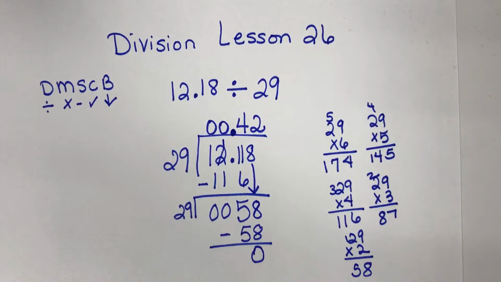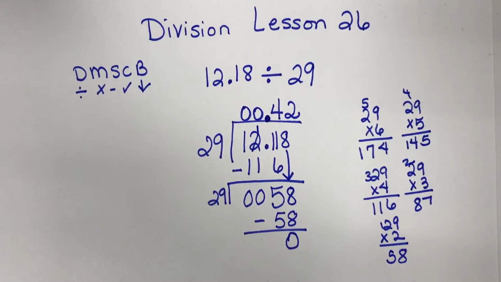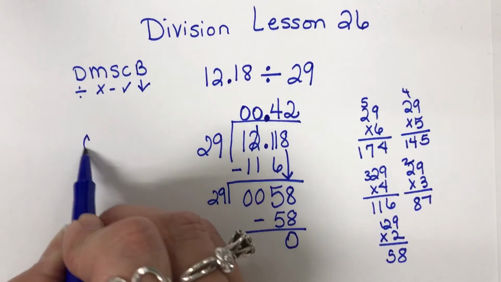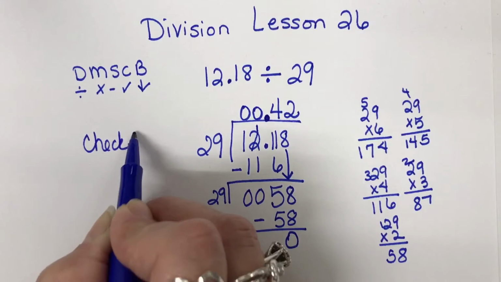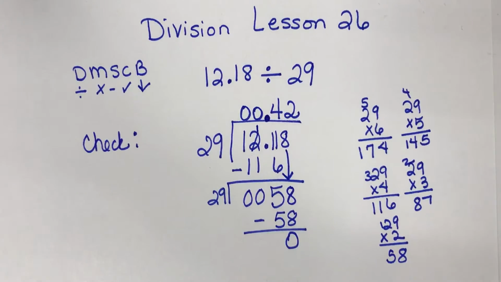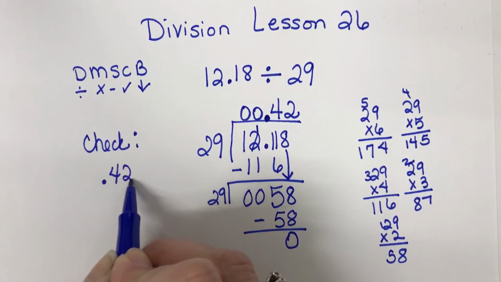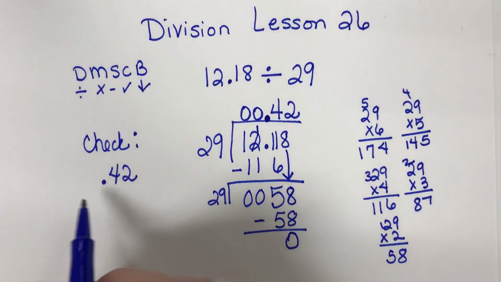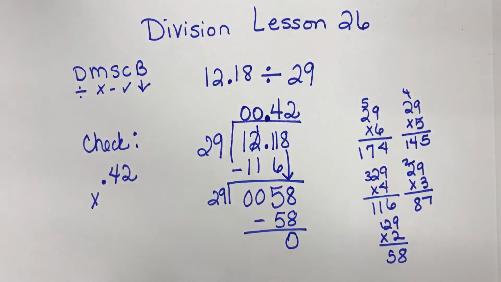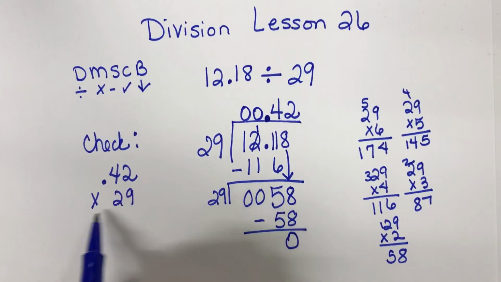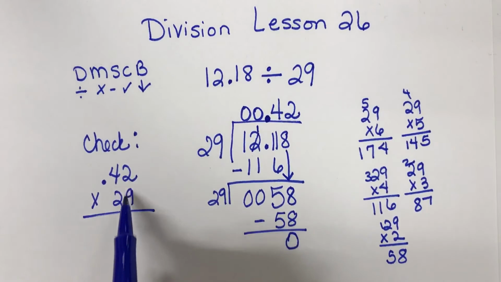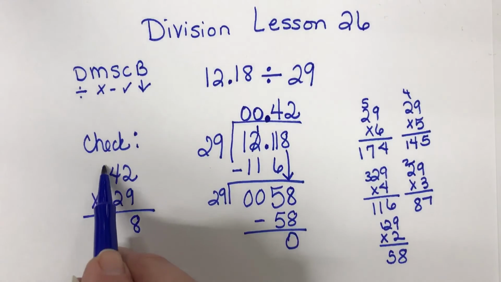We can also check our work to see if we have done our division correctly. To check, you will need to take your quotient, or your answer, 42/100, and multiply it by your divisor, 29. 9 times 2 is 18.